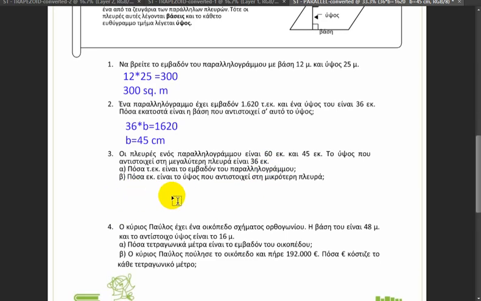To find the area, I'm going to have to do 36 times 60. And that is going to give us, if we do it vertically, 2,160. So that's the area, in centimeters, sorry, my mistake, because these are all in centimeters. So that's the area, right? This is question A.